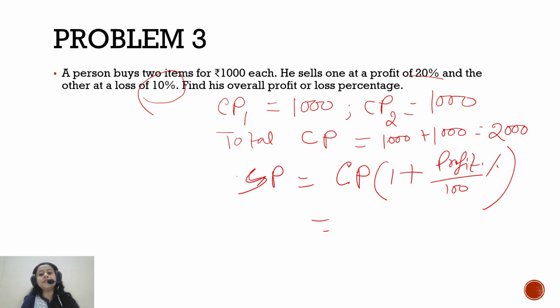right? So directly we can find out the selling price of item 1, where cost price is 1000, 1 plus profit percentage is 20 by 100.